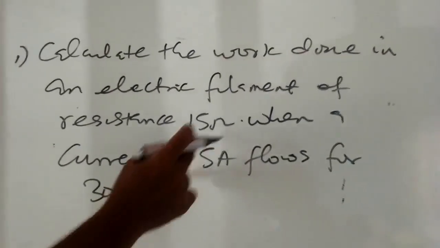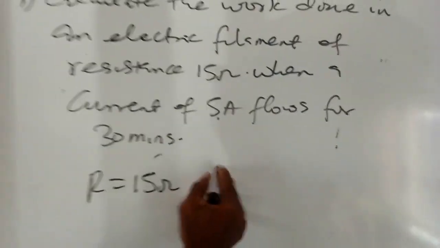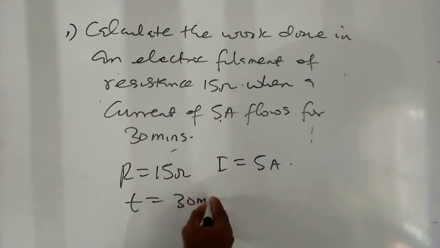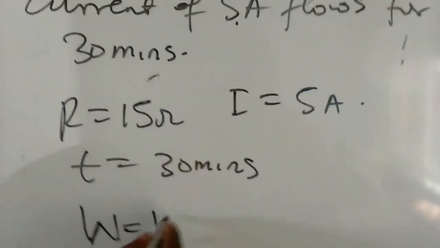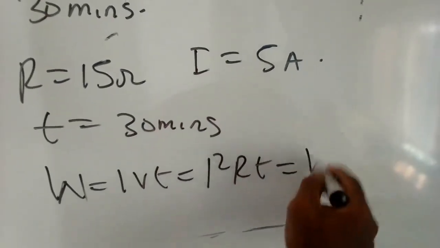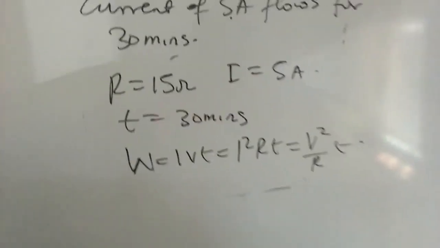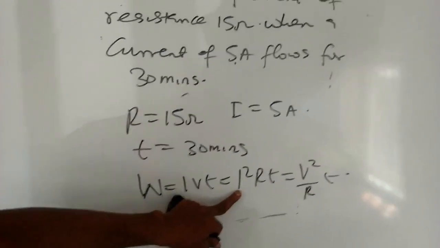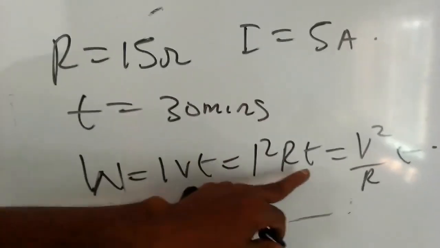We are given the resistance as 15 ohms, the current as 5 amperes, and the time as 30 minutes. The work done or heat energy dissipated is given by IVT, or we can use I squared RT, or V squared T over R. The best formula for this problem is the one that provides current, resistance, and time.